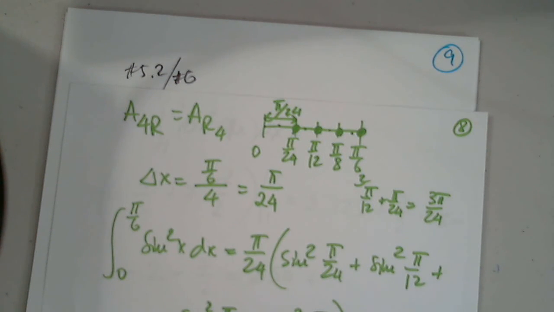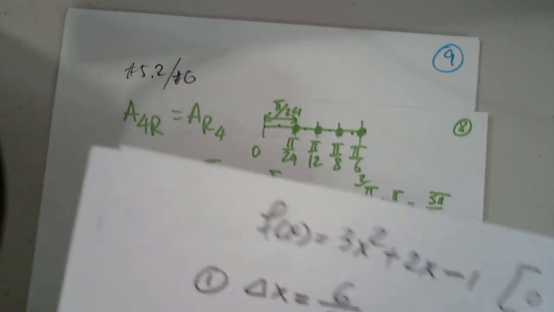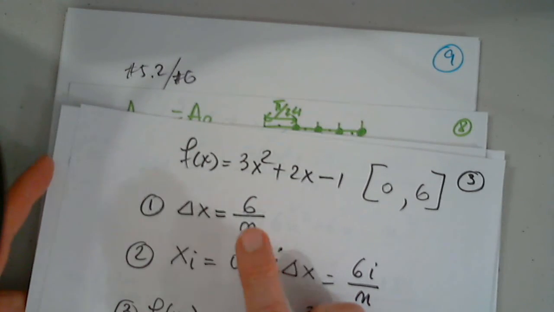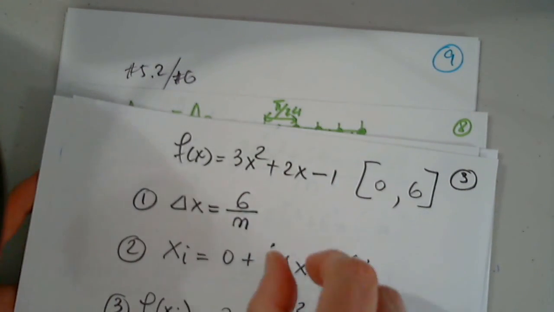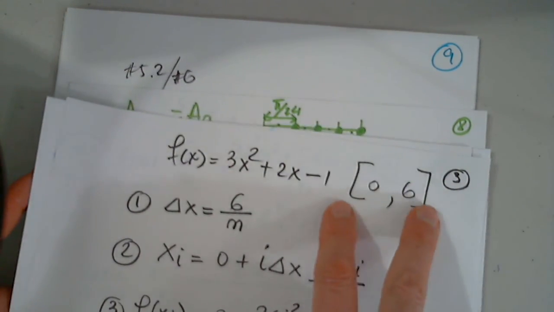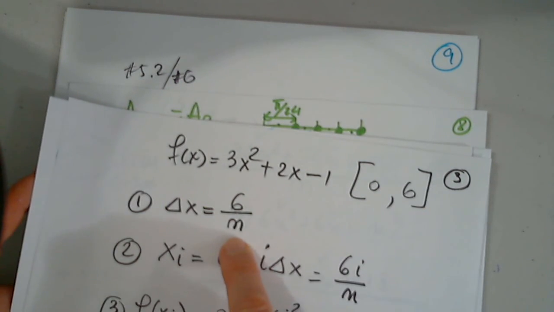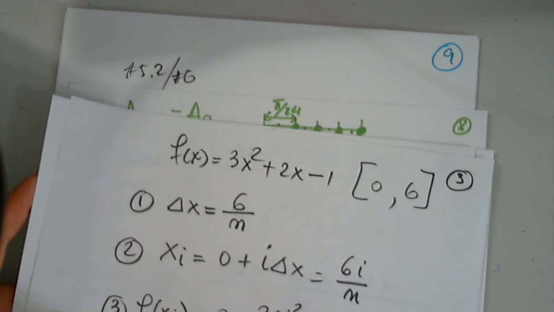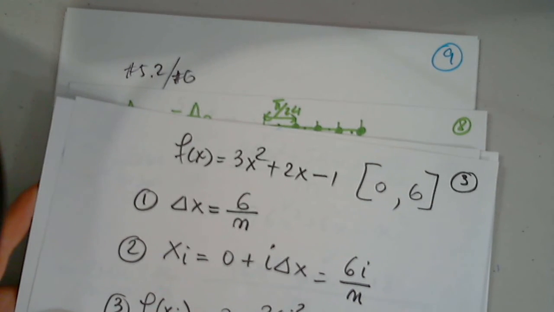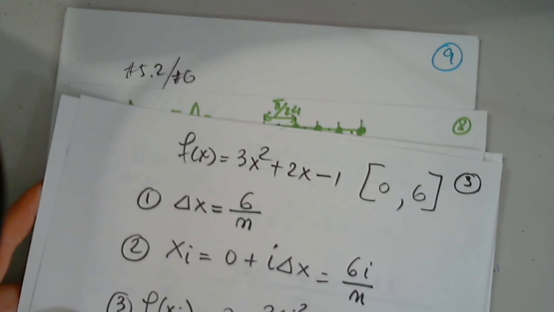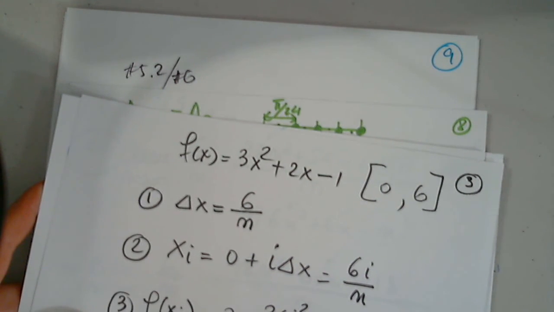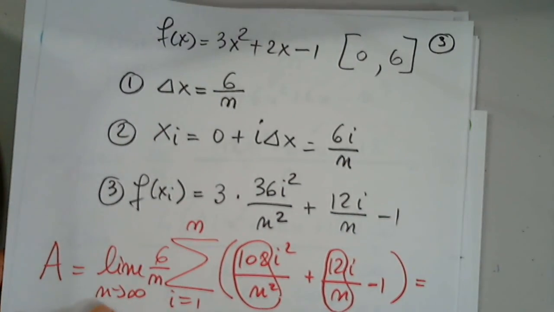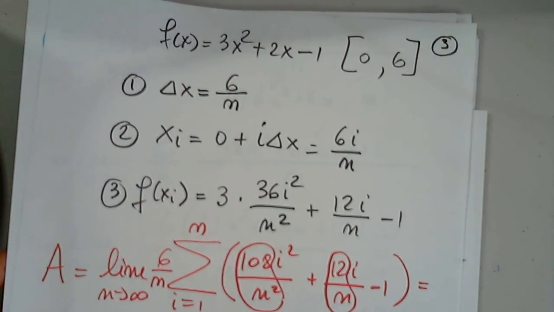Yeah, I think I just need to know that instead of looking for a specific number for n, n is the number of subintervals. That's why the width of each subinterval is the width of the interval divided by n, their number. That's why the width of all of them is 6 over n. And to make sure that there is no error, n goes to infinity.